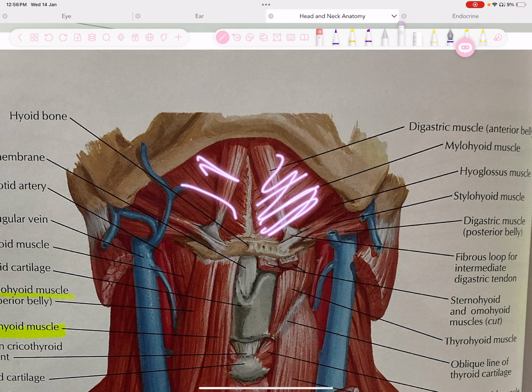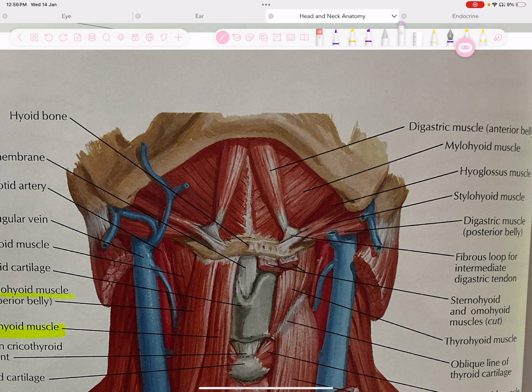So the floor is the mylohyoid muscle. I hope that's clear. When you touch your neck, and you feel your double chin bulging out, that's your mylohyoid muscle. Okay, I hope now it's clear. Mylohyoid is basically connected to the hyoid bone, right? So this is your submental triangle, and this is the easiest.